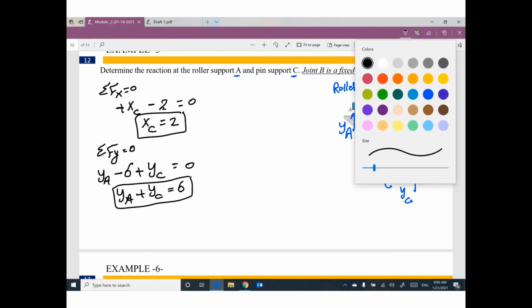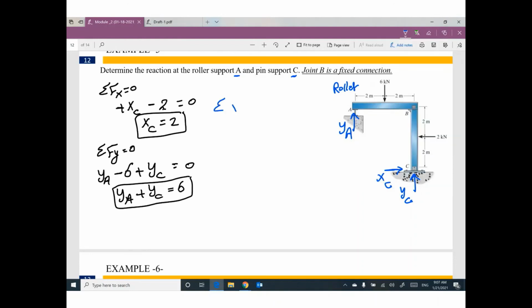The third equilibrium equation: summation of moment at any point equals 0. I'm going to take moment at C. I highly recommend taking moment at the support with the highest number of reactions.